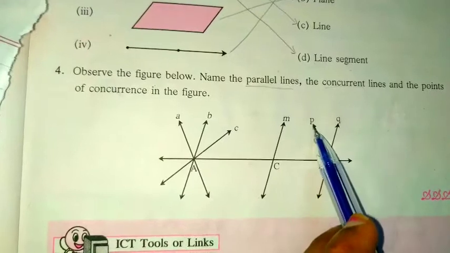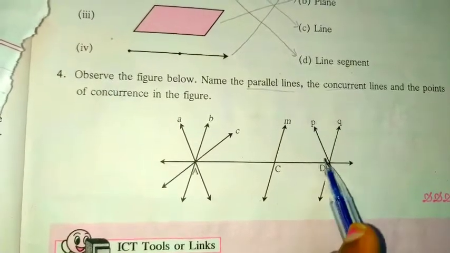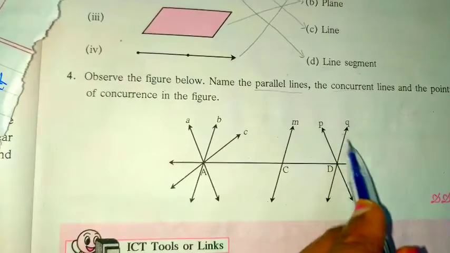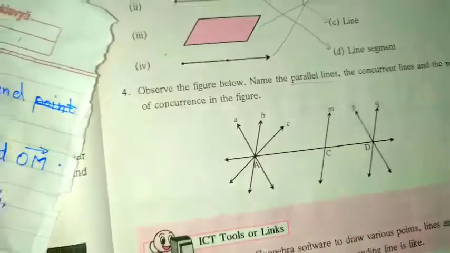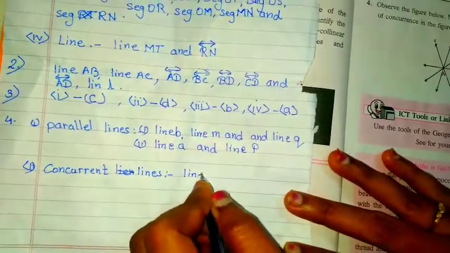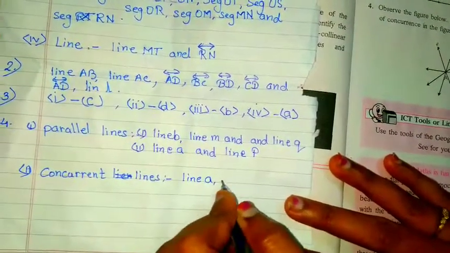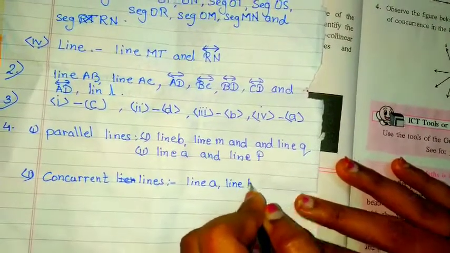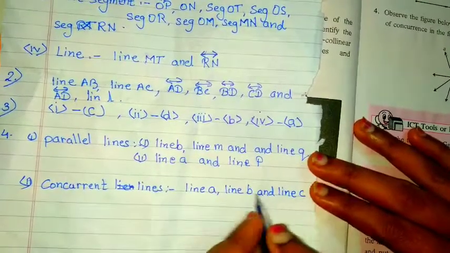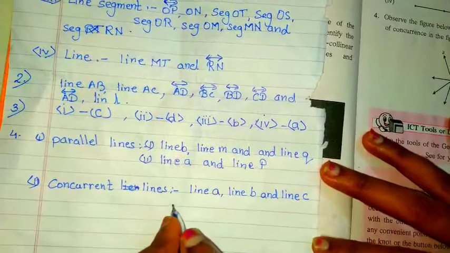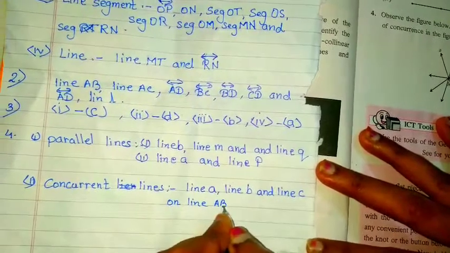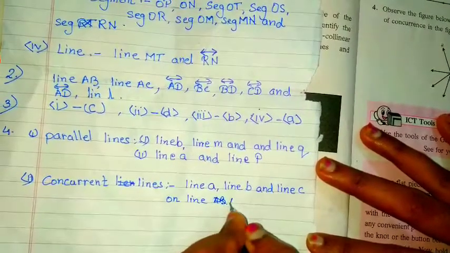And here line P and line Q intersect each other at point D. These are also concurrent lines. You can write: line A, line B and line C are concurrent at point A.